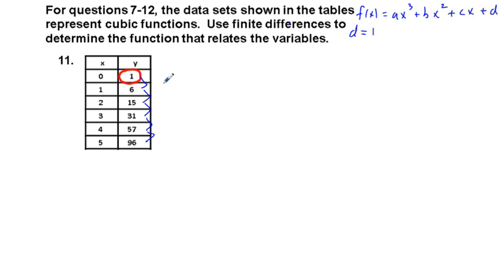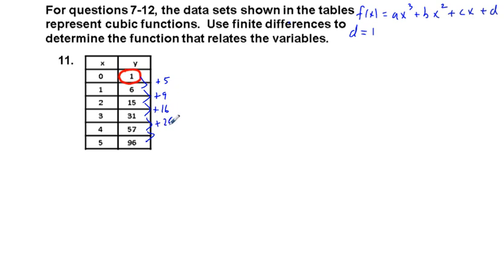So you have 6 minus 1, which is going to be plus 5. That's our first difference. Then we have 15 minus 6, which is going to be plus 9. Then we have 31 minus 15, which is going to be plus 16. Then we have 57 minus 31, that's going to be plus 26.